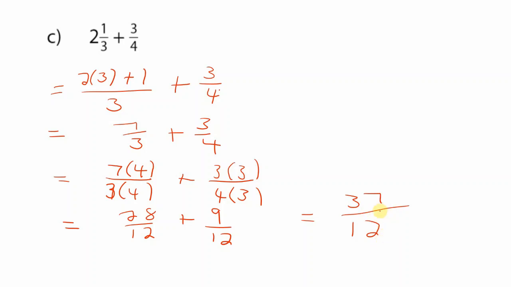Is that in simplest form? No, we have an improper fraction. We can change therefore to a mixed fraction. 12 goes into 37, 3 times. 3 times 12 is 36. We have a remainder of 1. We always keep the bottom the same. So it's 3 and 1/12. That's our final answer.